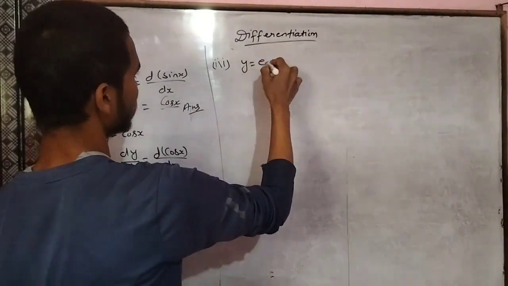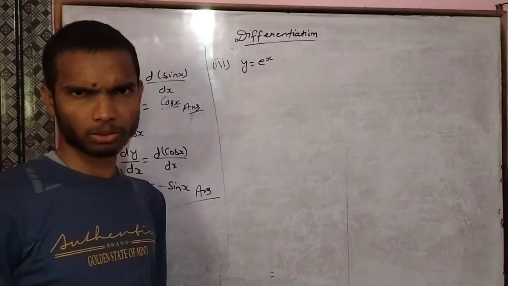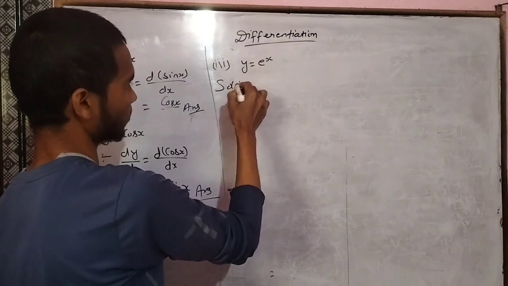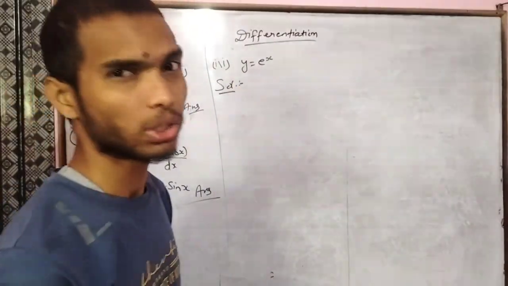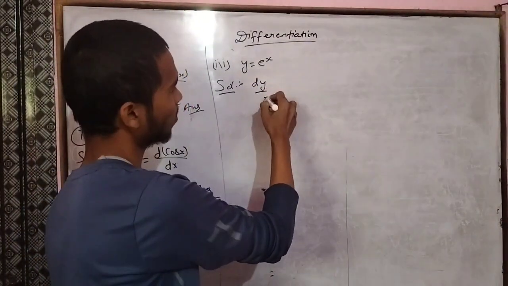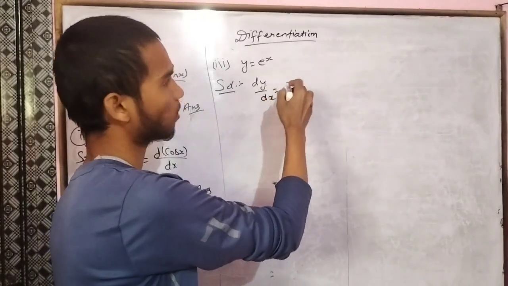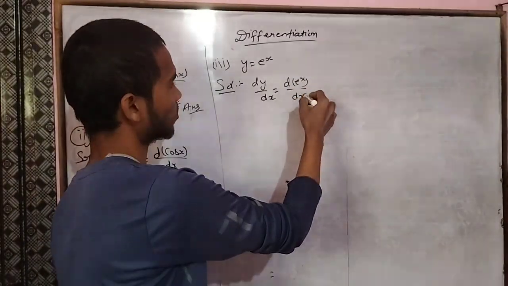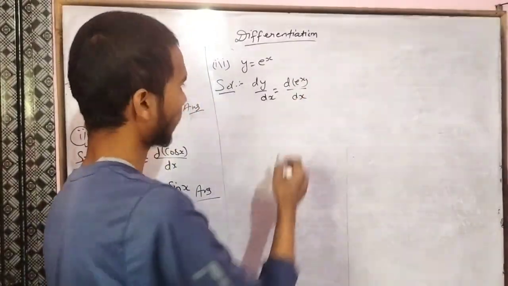y is e raised to the power x. There is a twist. What is the twist? In place of y is dy by dx.